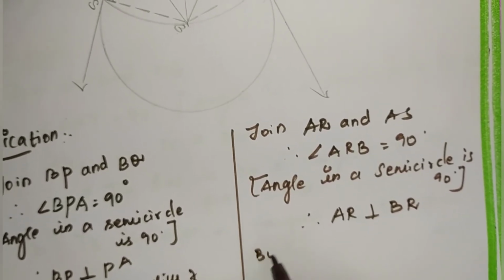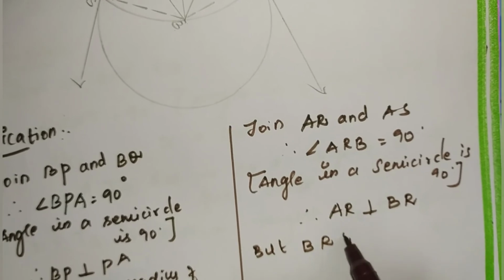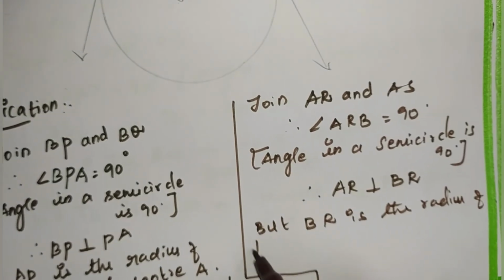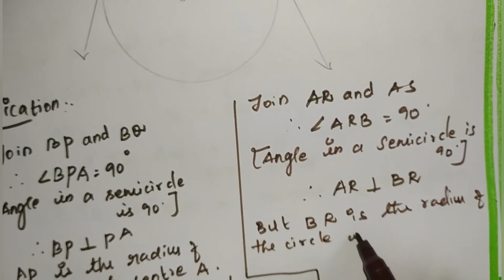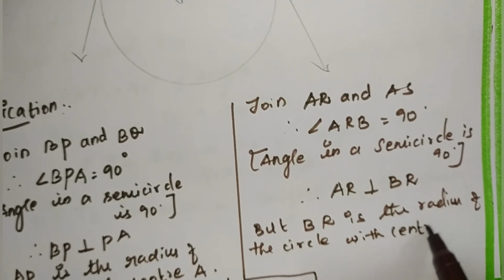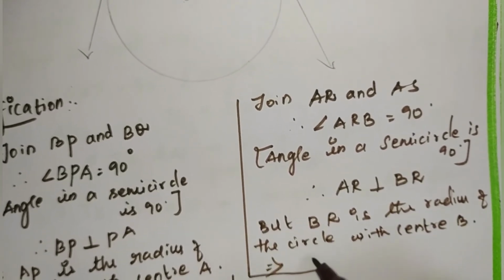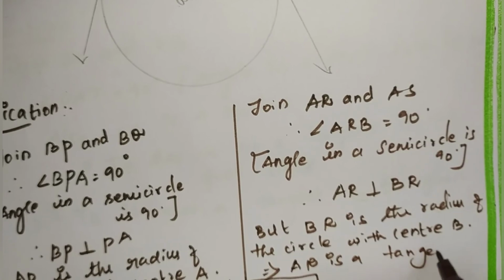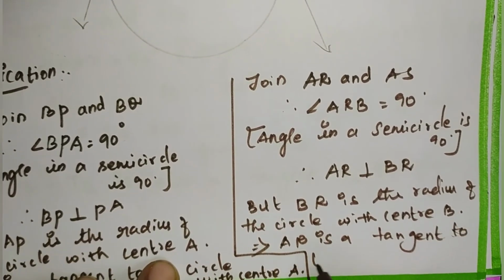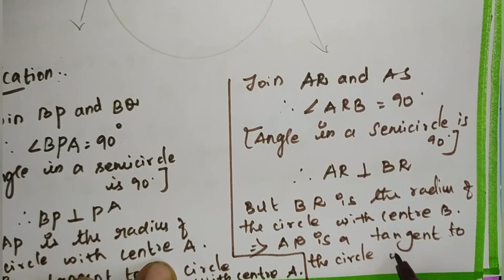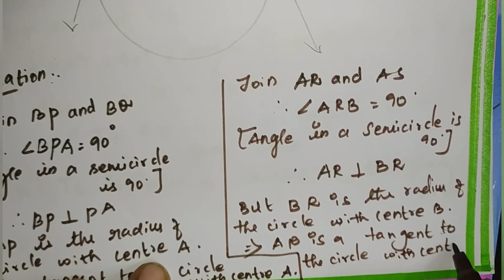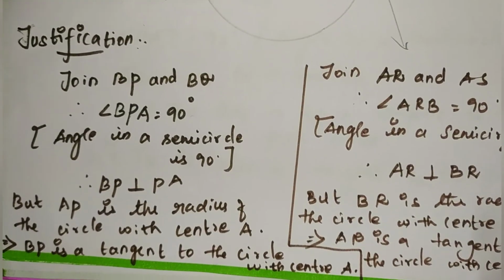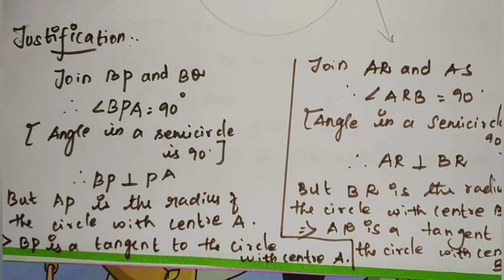We know that BR is the radius of the circle with center B. It implies AR is a tangent to the circle with center B. Clear, all of you? This is our justification. Thank you.